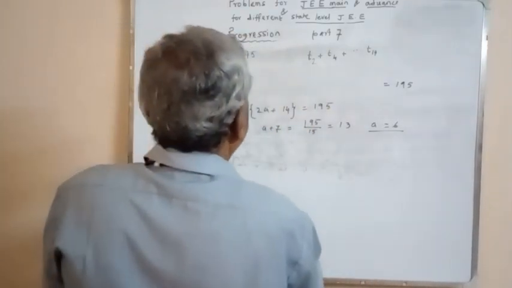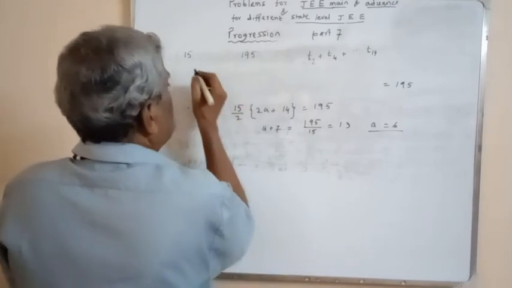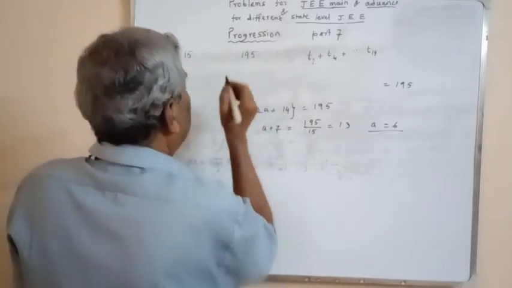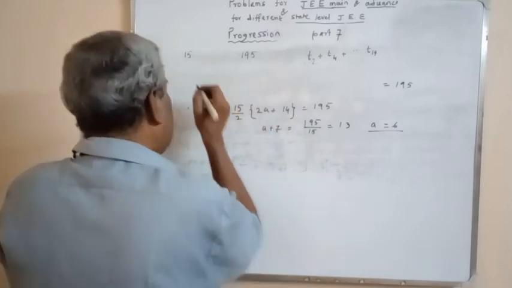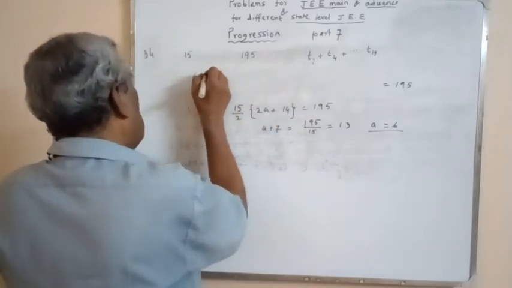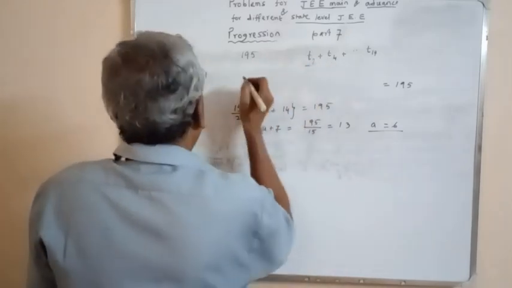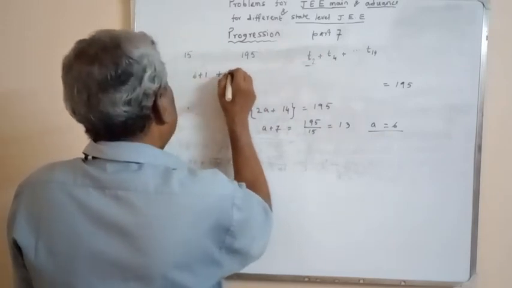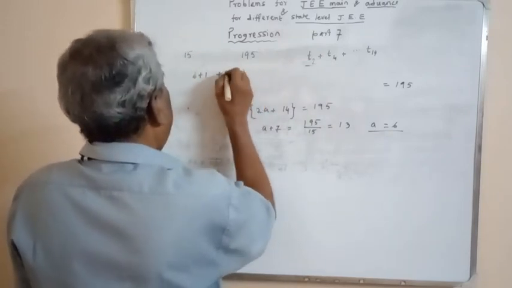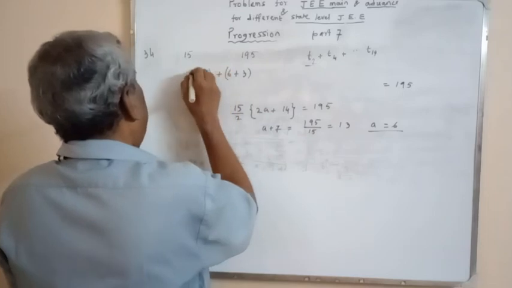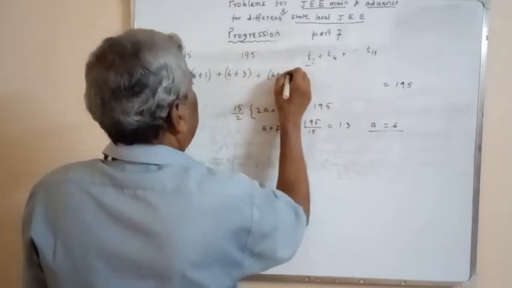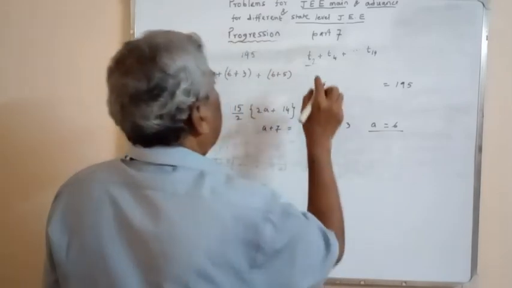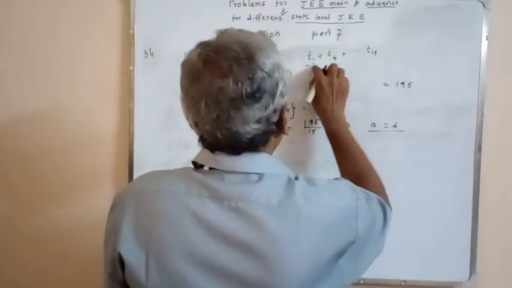We have to find T2 plus T4 and so on. T1 is our 6, so 6 plus 1 is T2. T4 is 6 plus 3, then 6 plus 5. This way, we have to find how many terms are there. It is 7 terms.